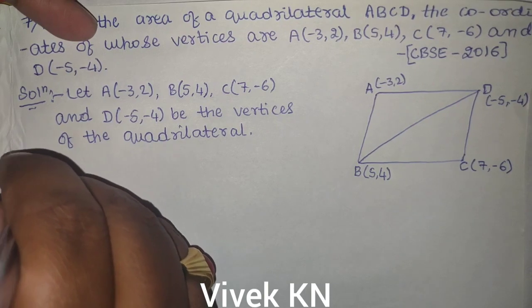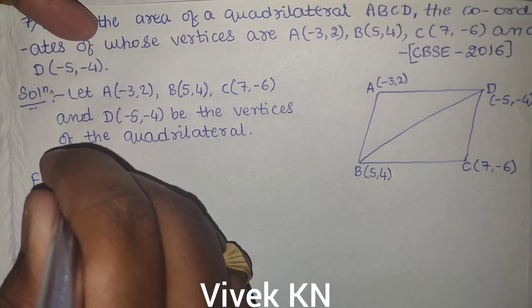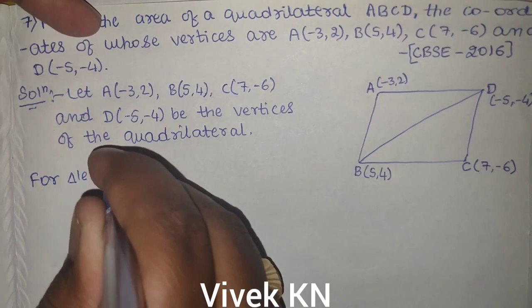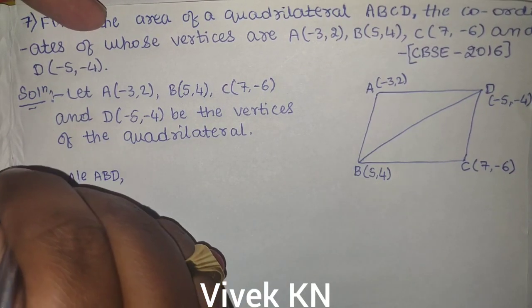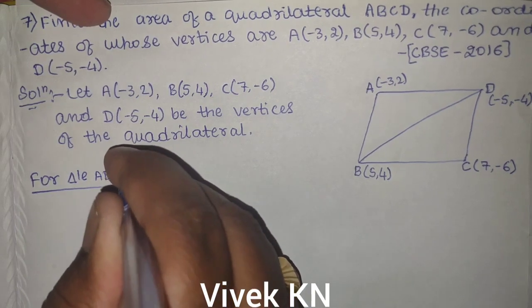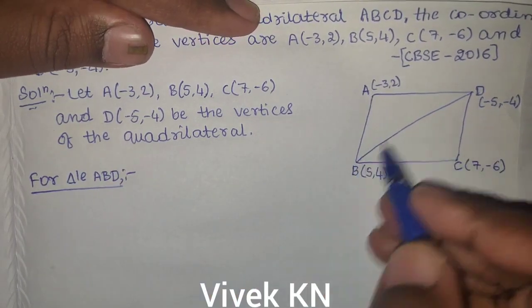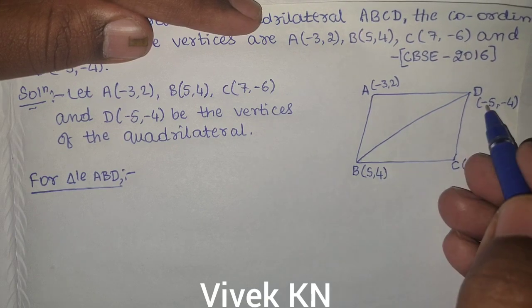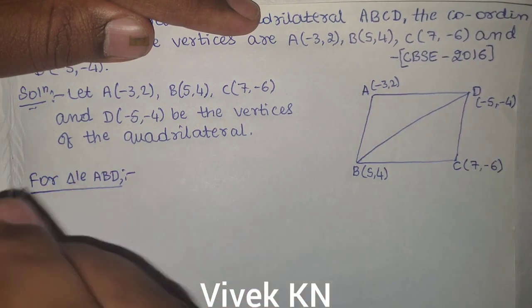For triangle ABD, this is x1, y1, this is x2, y2, and this is x3, y3.